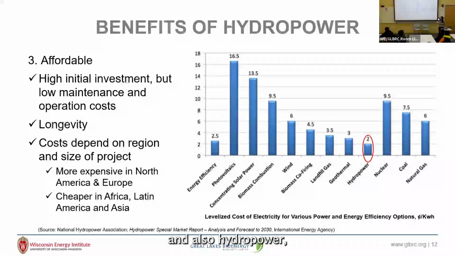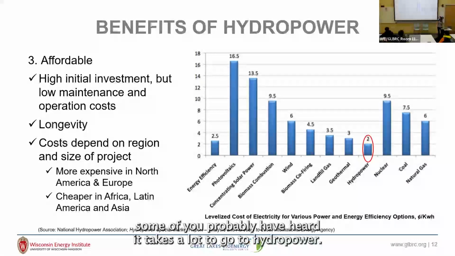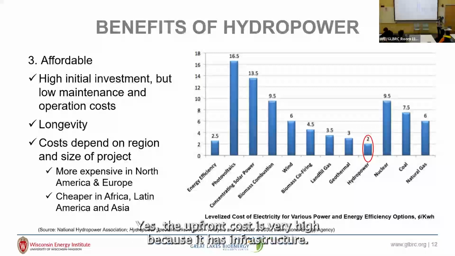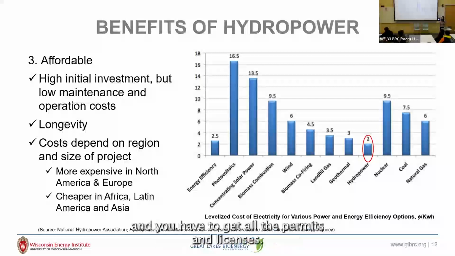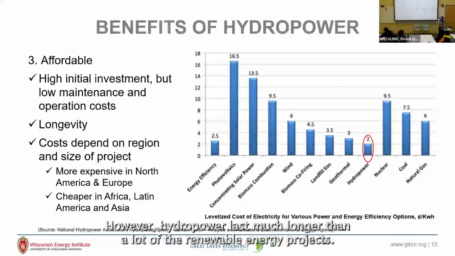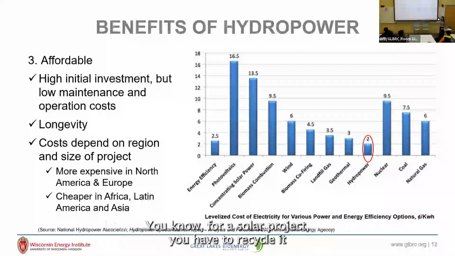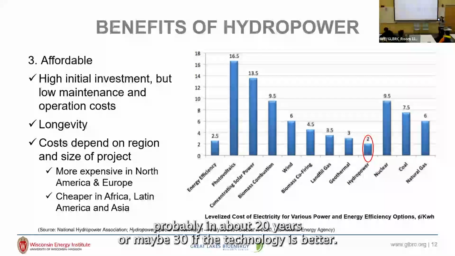And also, some of you have probably heard that it takes a lot to build hydropower. Yes, the upfront cost is very high because it has infrastructure. You have to build the powerhouse, you have to build the dam, and you have to get all the permits and licenses. However, hydropower lasts much longer than a lot of renewable energy projects. For a solar project, you have to recycle it in about 20 years, or maybe 30 if the technology is better.